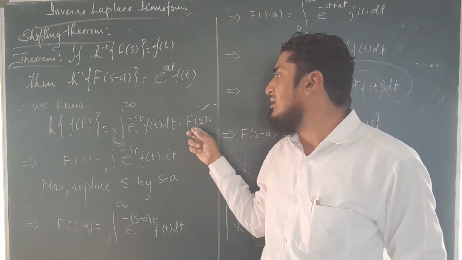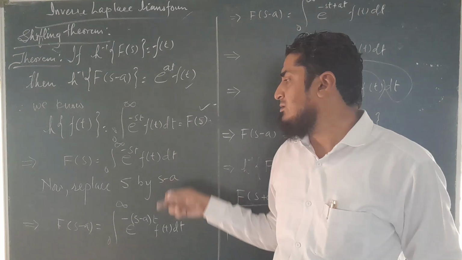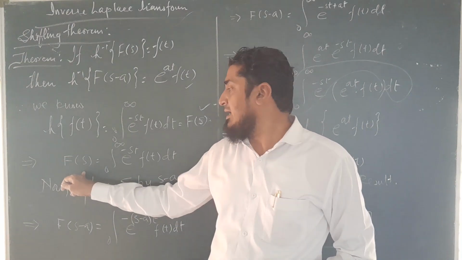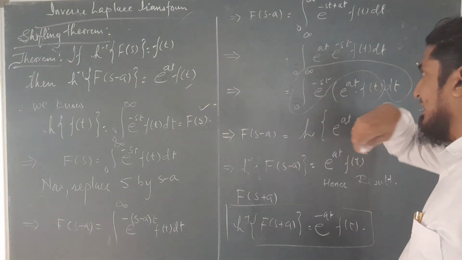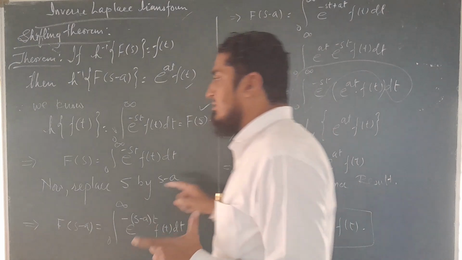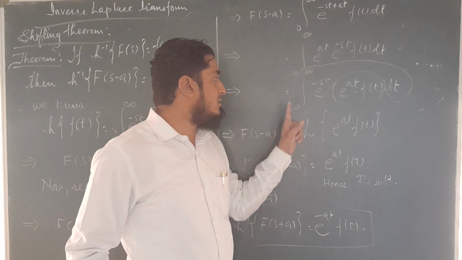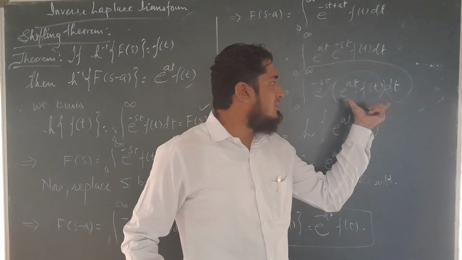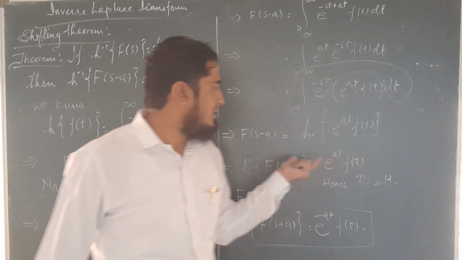By using this basic definition, we apply inverse Laplace transform and replace s by s minus a, and after replacing we can simplify that integration, taking e raised to at and f of t as the whole function, and the term integration from 0 to infinity e raised to minus st dt is replaced by the Laplace transform operator and the function as it is.